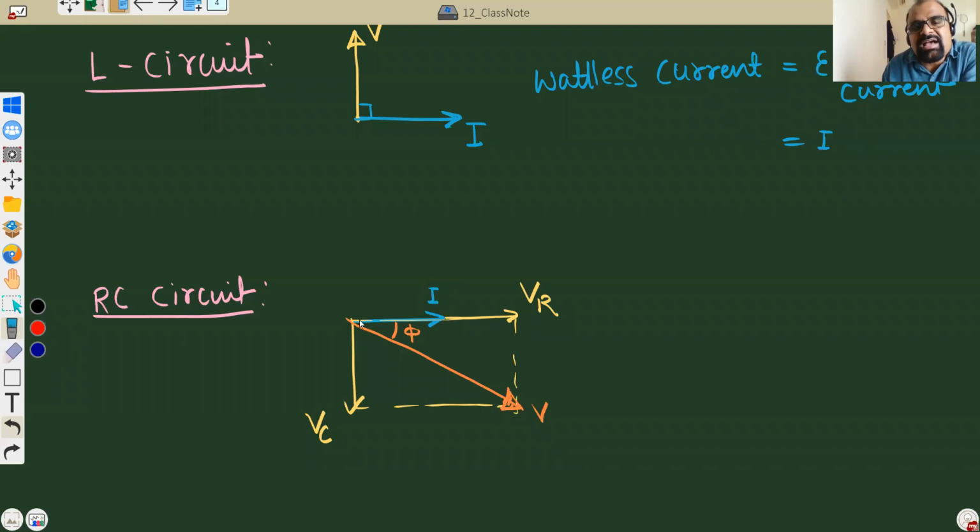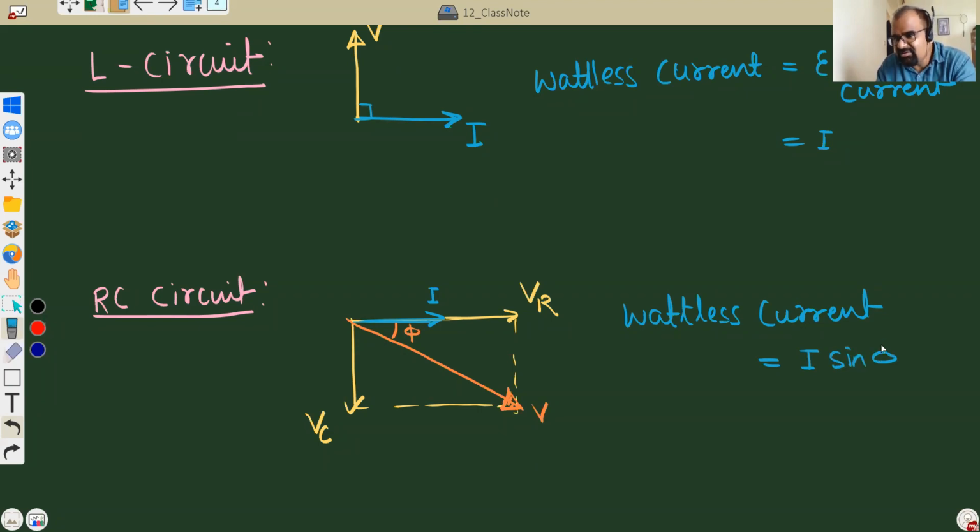So if you resolve this I into two components, this component will be the wattful component and this component will be the wattless component. So what will be the wattless current? This time it will be I sin phi.